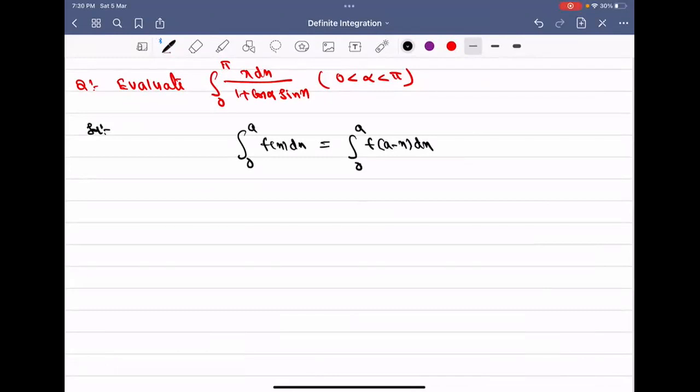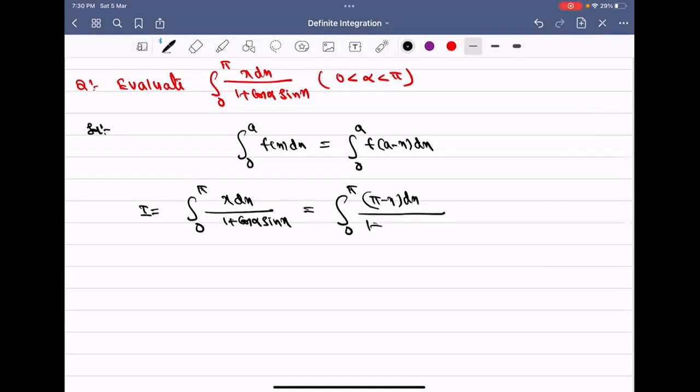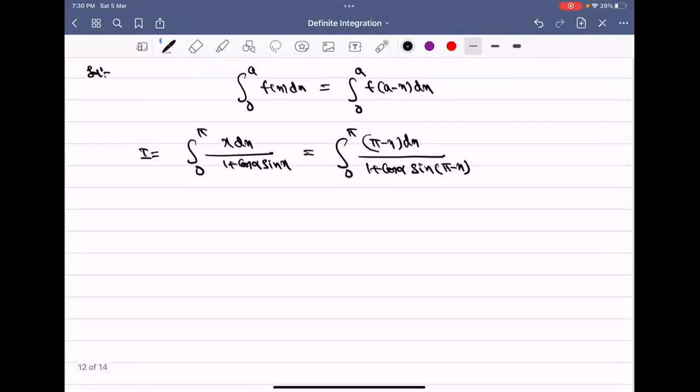So if you use this result, then I is equal to, given, integration of 0 to pi x dx over 1 plus cos alpha sin x, is equal to integration of 0 to pi, here this is pi minus x dx over 1 plus cos alpha into sin of pi minus x. Your integral variable is x.